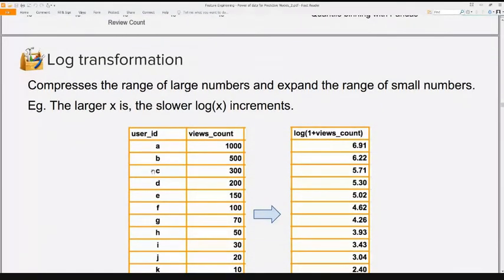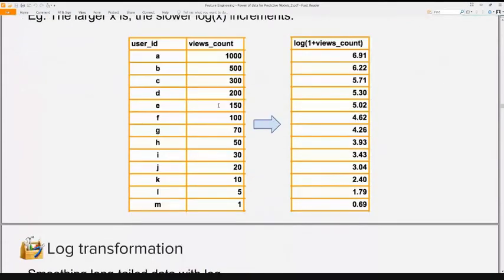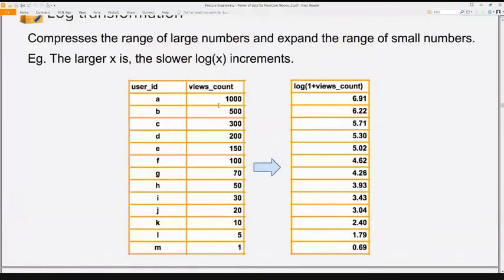Then log transformation. What log transformation does is it compresses the range of the large numbers and expands the range of the small numbers. The larger the x, the slower the log x increments. That's what log transformation does to your data set. So you see, up here where it was 1, 0.69, then 5, 1.79.